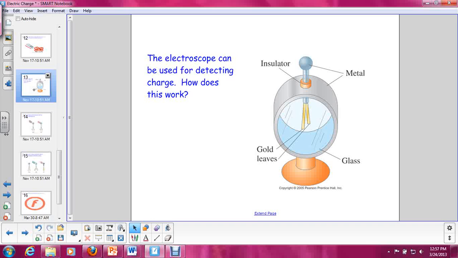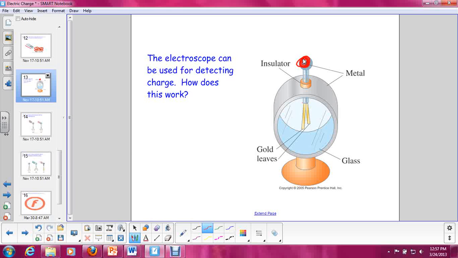It turns out we can discover or figure out the charge on an object by using a very simple apparatus called an electroscope. And this is what an electroscope looks like. It has a metal sphere on the top. And remember, metal is a conductor.